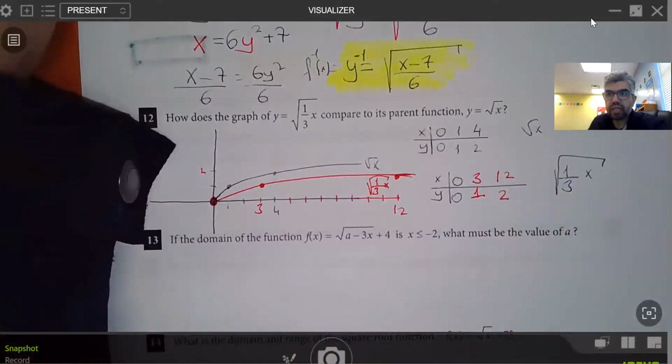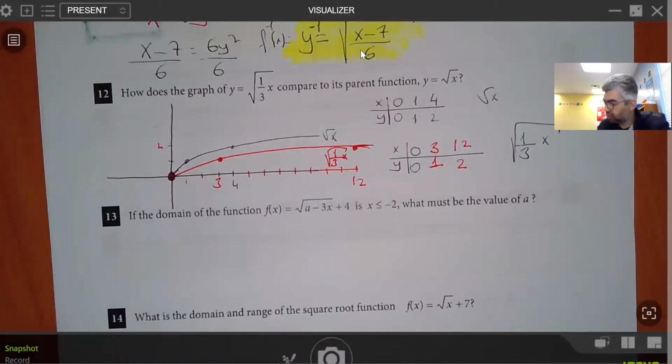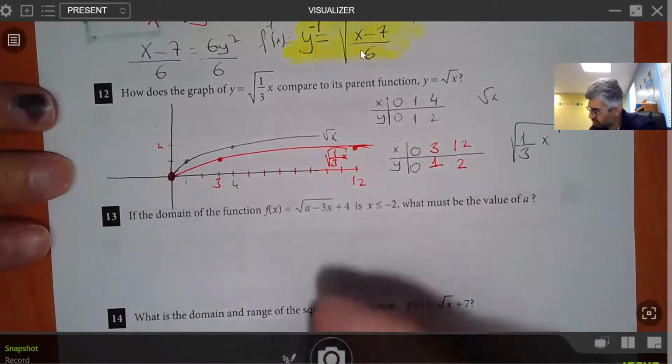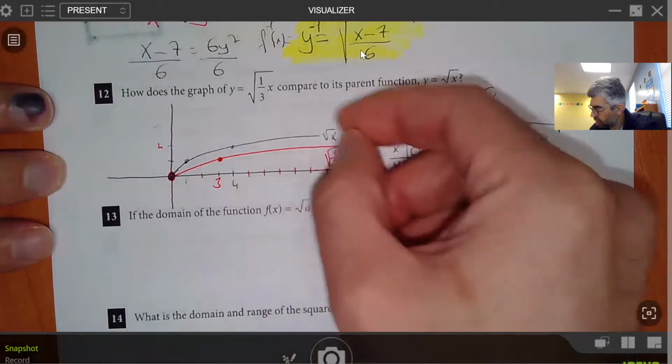So what can you say about this one? Now we have to check if it is stretch or compress. So how do we understand it? This is the parent function, and we have to compare with the parent function, right? So what are we doing?